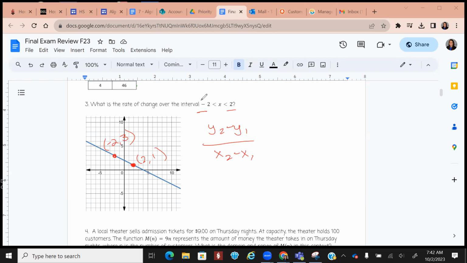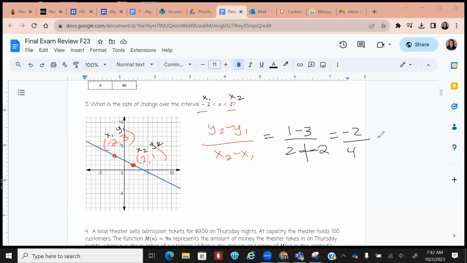You always want to start with whatever they give you first. So that's my x1, and then that's my x2. So x1, y1, and x2, y2. Notice how I label everything before I plug it in. When I plug it in, I'm going to get 1 minus 3 over 2 minus negative 2, which will make that positive on the bottom. 1 minus 3 is negative 2. 2 plus 2 is going to give me 4.